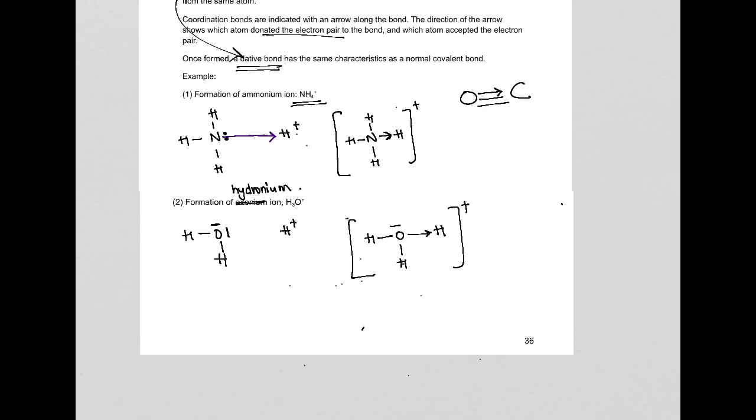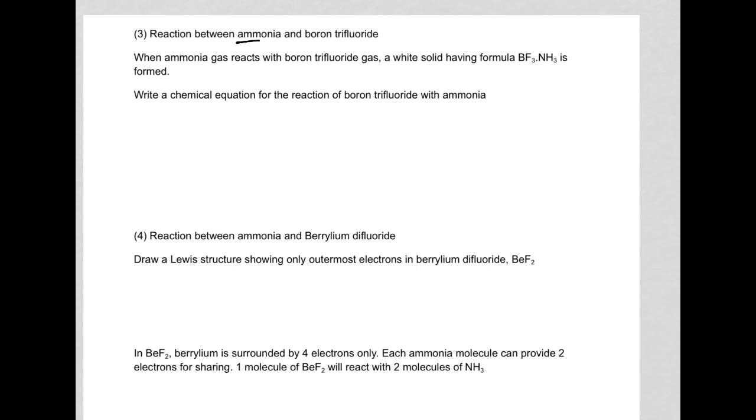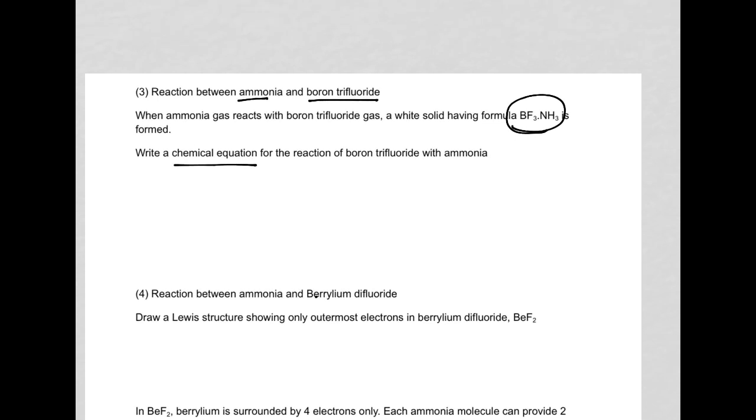So take this down and you are going to try these reactions. You have ammonia with boron trifluoride to form this compound. Try to do the chemical reaction where ammonia is NH3 and boron trifluoride is BF3.